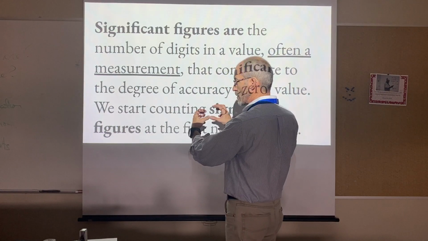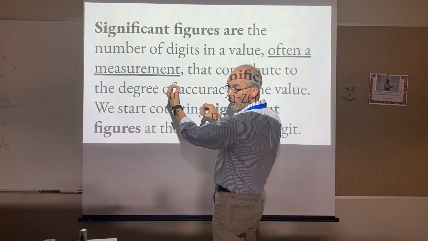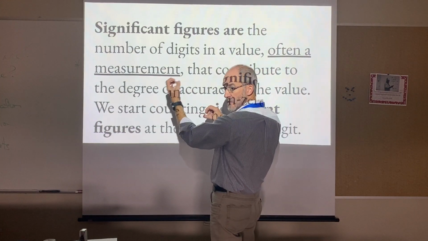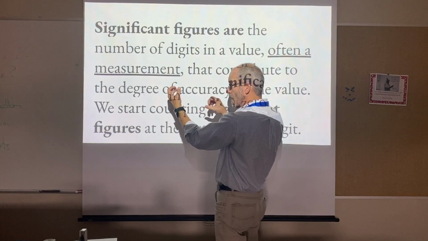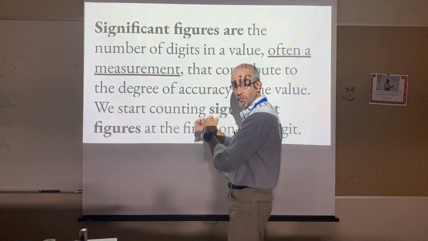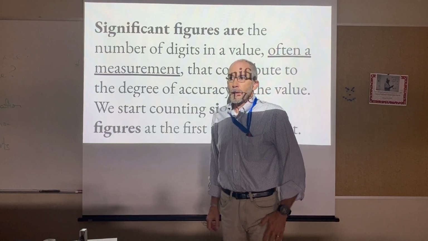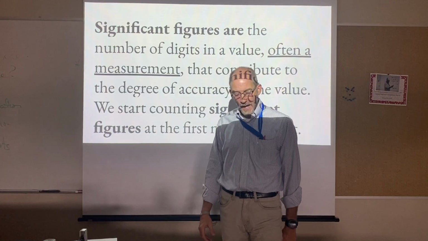Remember shooting the arrows? The arrows may be clustered together over here, but they may not be in the bullseye. So we may be getting similar measurements, but we're not getting the right measurement. We want to be precise, but we also want to be right in the bullseye, and we want to be accurate. But we tend to throw around the words precision and accuracy.